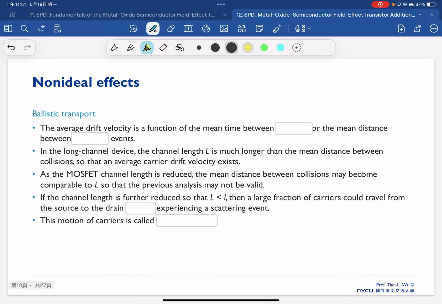So the next non-ideal effect is what we call ballistic transport. The average drift velocity is a function of the mean time between collisions, or the mean distance between scattering events.